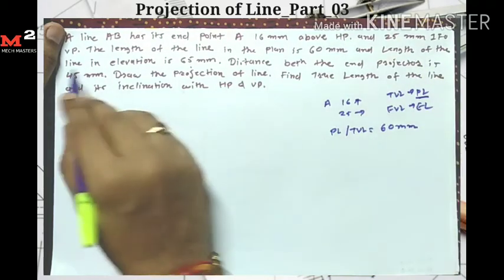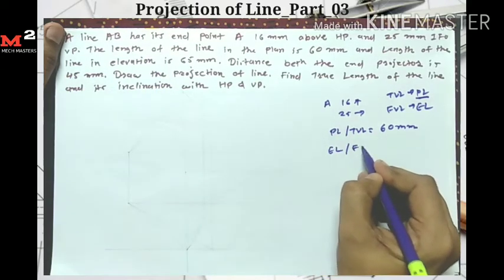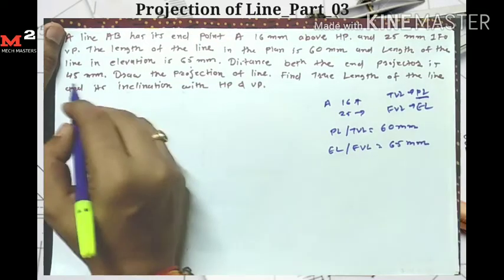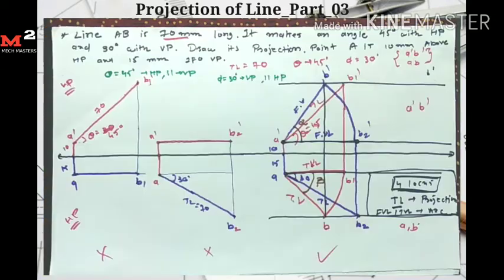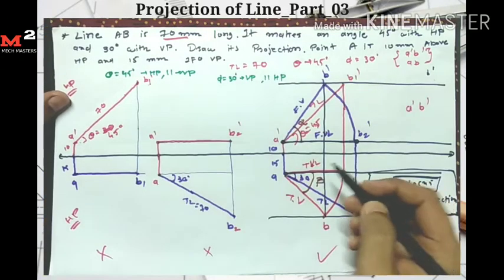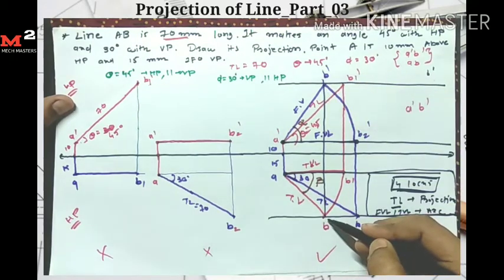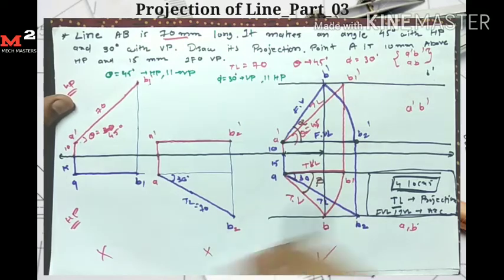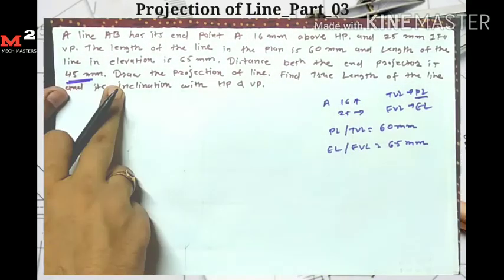The length of the line in elevation, or front view length, is equal to 65 mm. The distance between the end projectors is 45 mm. Distance between end projectors means the distance between line AA dash and BB dash, or the final line.